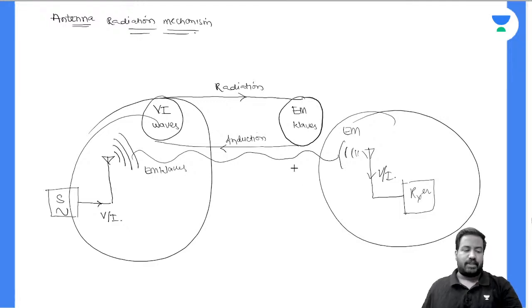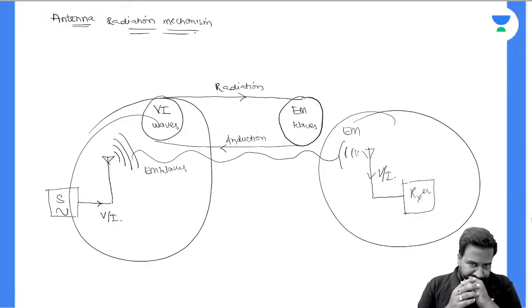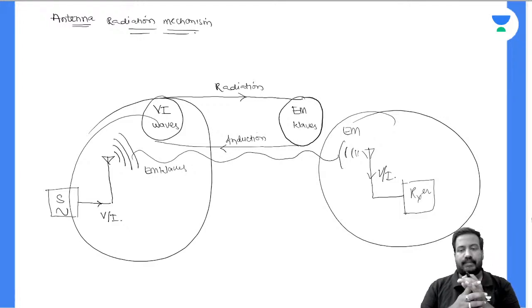So the two main principles that we have are radiation and induction. Radiation is the process of conversion of VI waves into EM waves, and induction is the process of conversion of EM waves into VI waves. Is that clear, everyone?